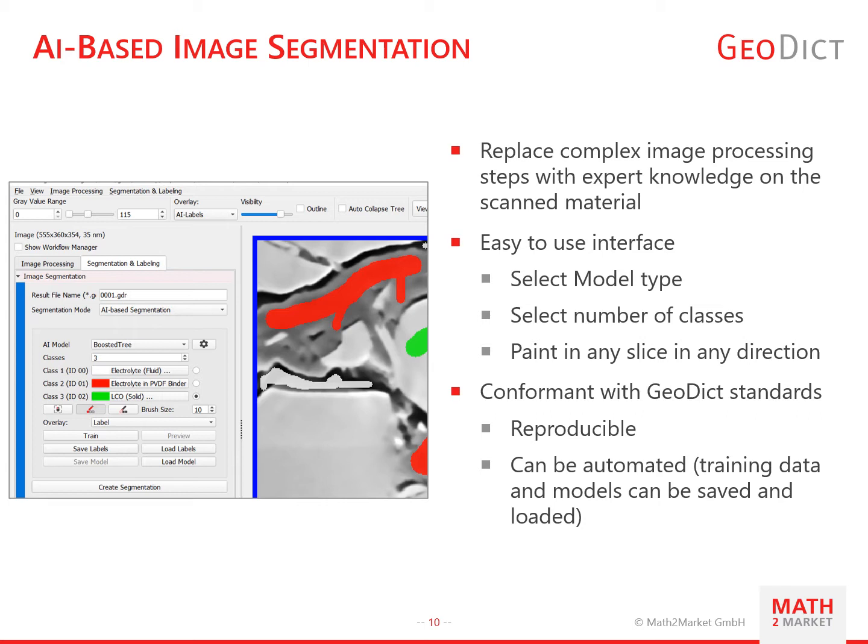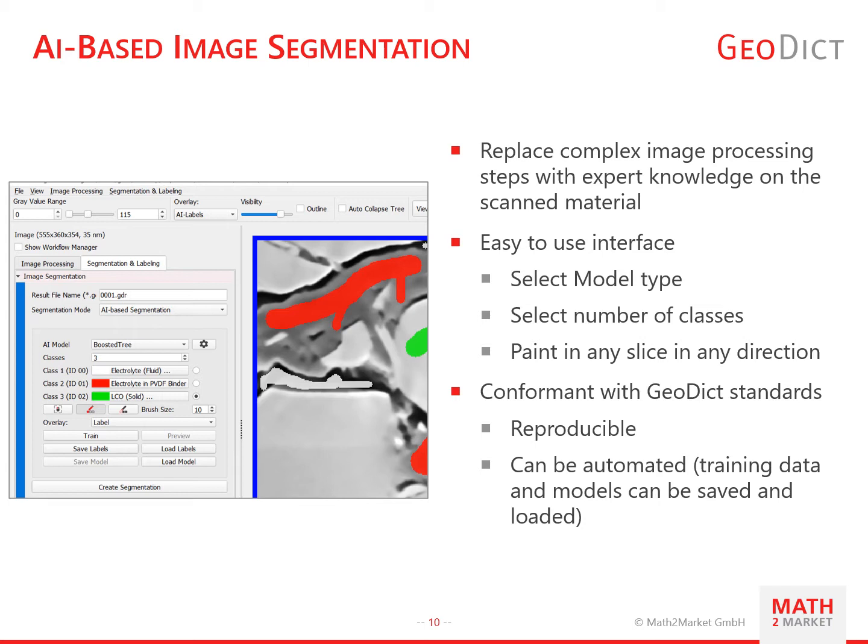So if you know this material contains a binder and a fiber and so on, and you know the one thing needs to be darker and the other thing needs to be brighter, you can put your knowledge into this tool by labeling the areas manually.